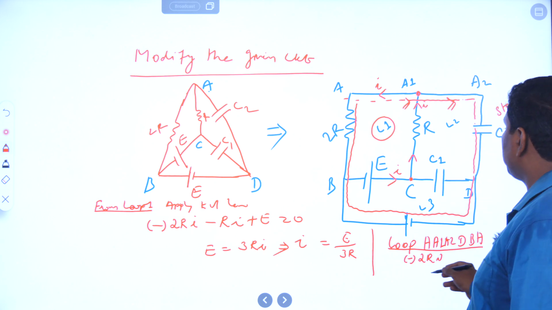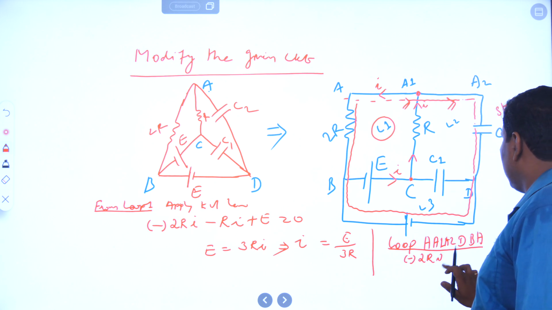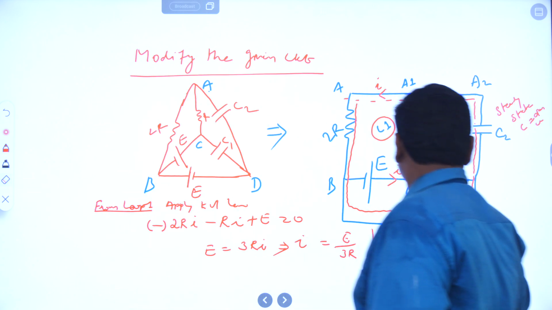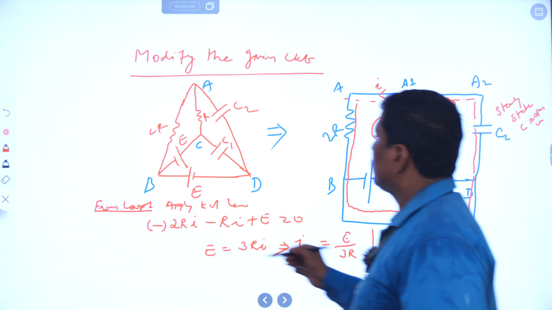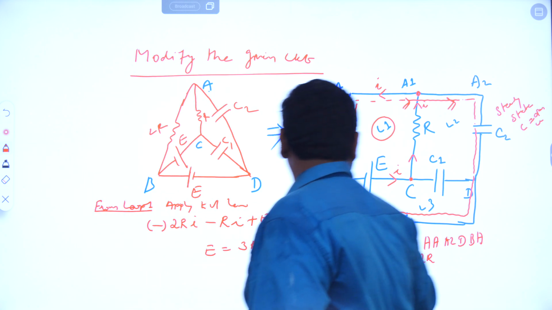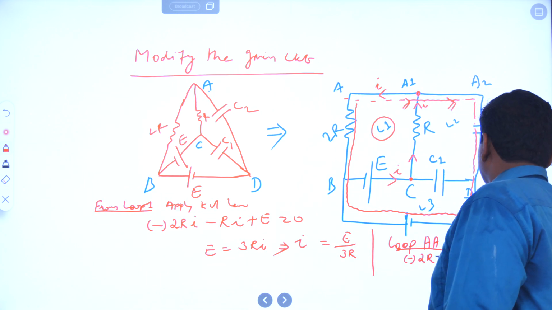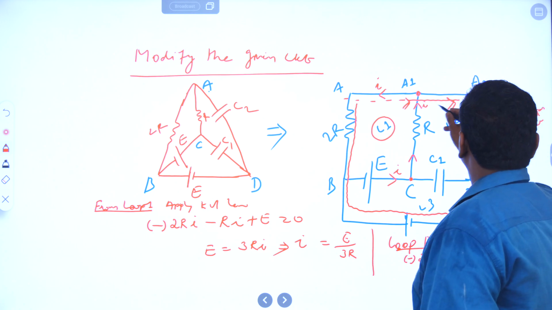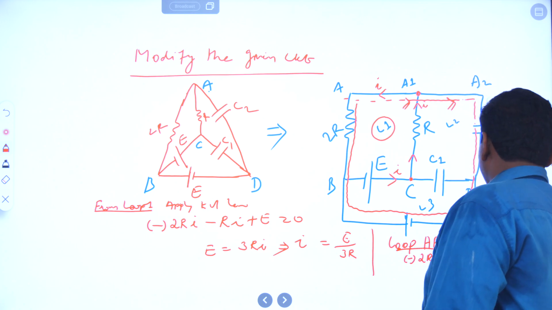As per the loop flow direction, minus 2Ri. Next, capacitor C2 is available.